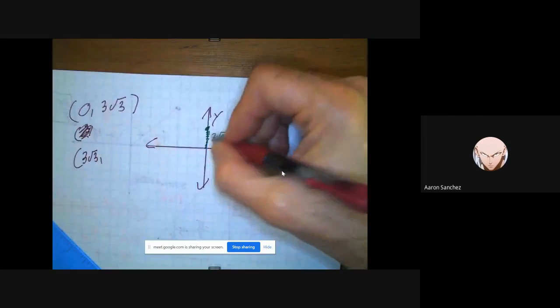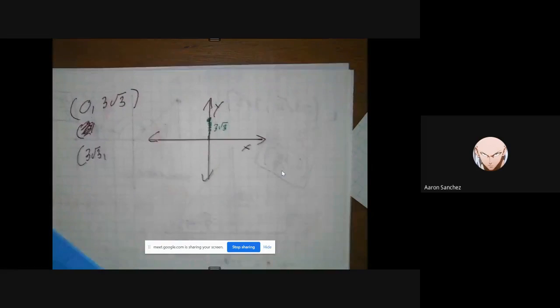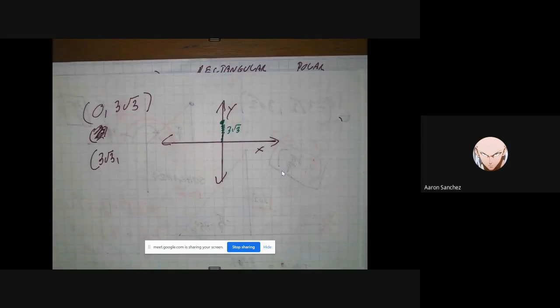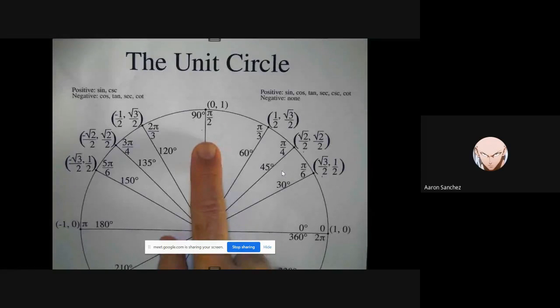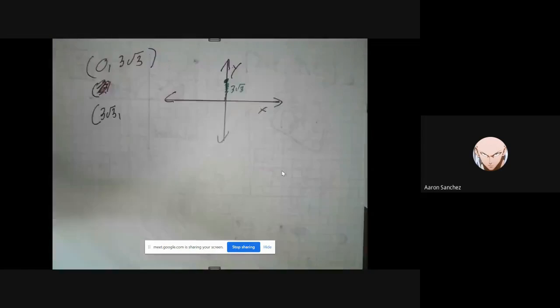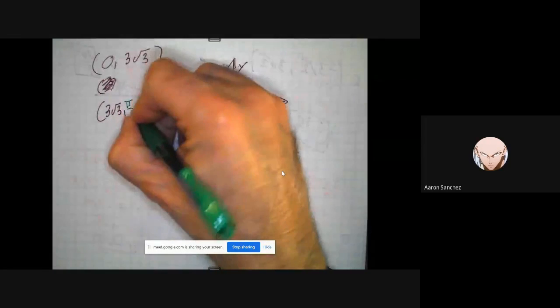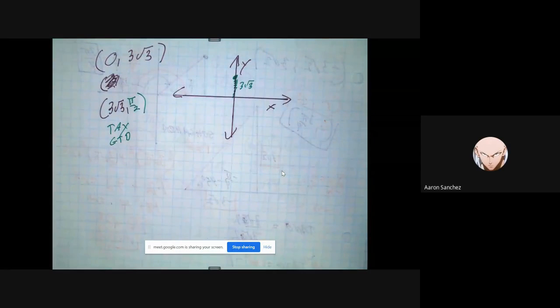Now, what is my angle measure? We can calculate it out. I guess we should calculate it just for fun, but you can look on your unit circle that this is pi over 2, the 90 degrees. So 3 root 3, pi over 2. Is that too fast? Of course, we could solve for pi over 2.